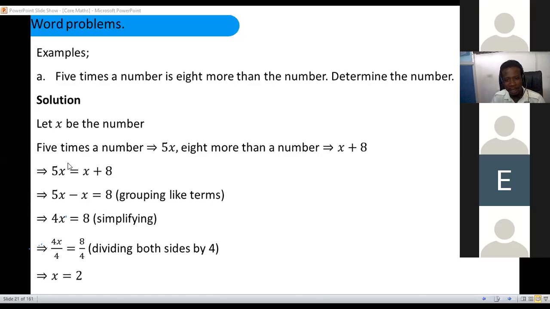It's supposed to be the same as 8 more than the number. 8 more than the number means 2 plus 8. Now that will also give us 10. So our equation is correct, or x equals 2 has satisfied the equation. So that is the number we are looking for in the word problem.